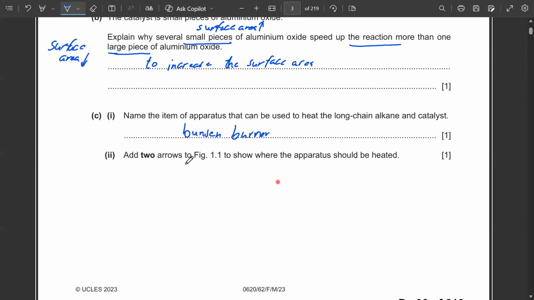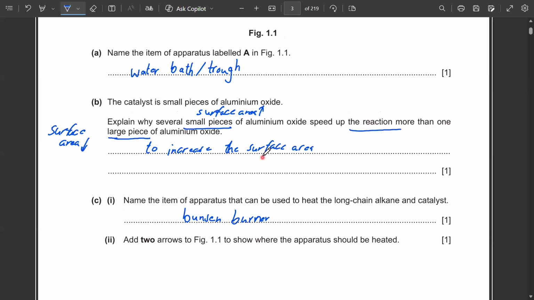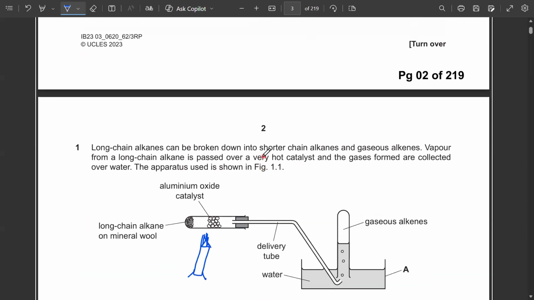And then the next part: add two arrows to figure 1.1 to show where the apparatus should be heated. You need to put arrows here to locate the points where you can provide heat. Two arrows. According to the question statement, vapor from a long chain alkane is passed over a very hot catalyst.